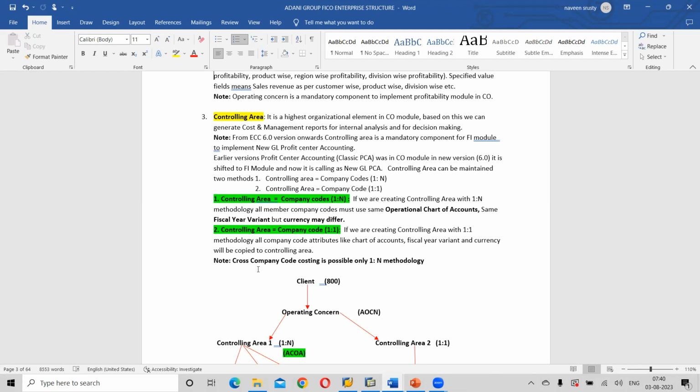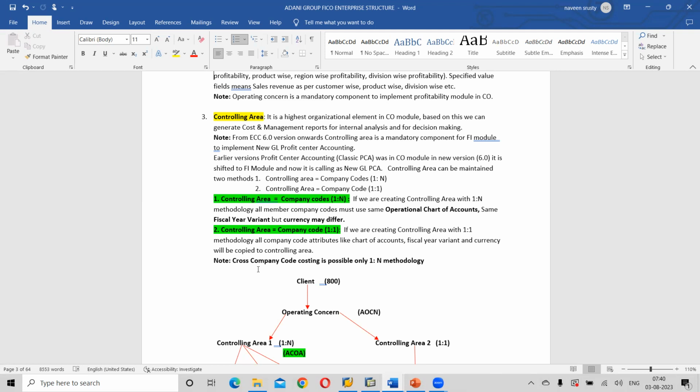So these are called intercompany transactions. Within the company, there are member company codes. The transactions are possible in between company codes, not third party, company codes only. That is considered an intercompany transaction or cross company code transaction.